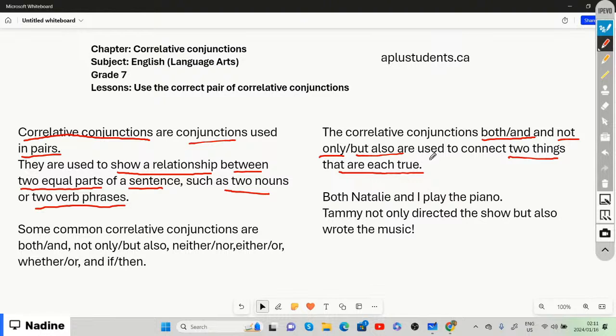And that is how we use the correlative conjunction both Natalie and I. Because both already means two people, but now we're also adding and. So both Natalie and I play the piano.